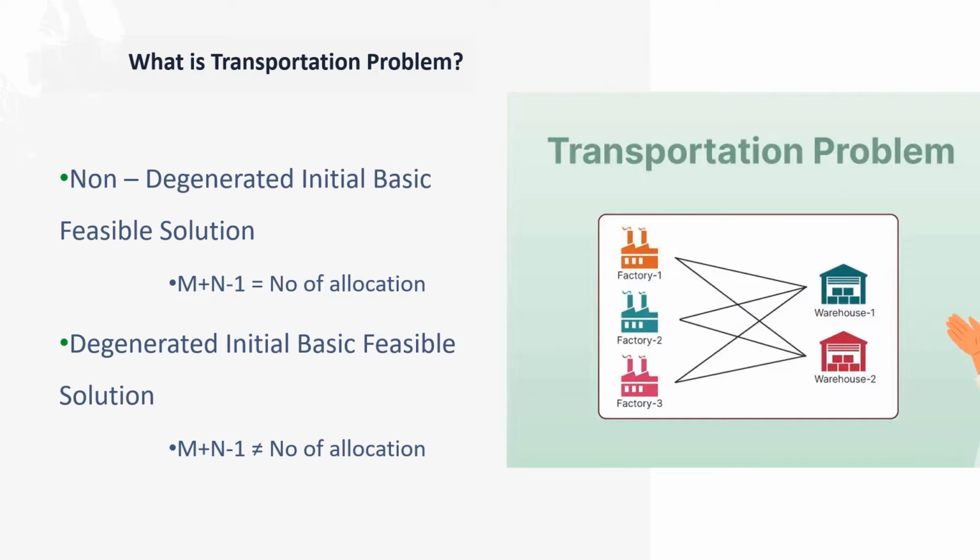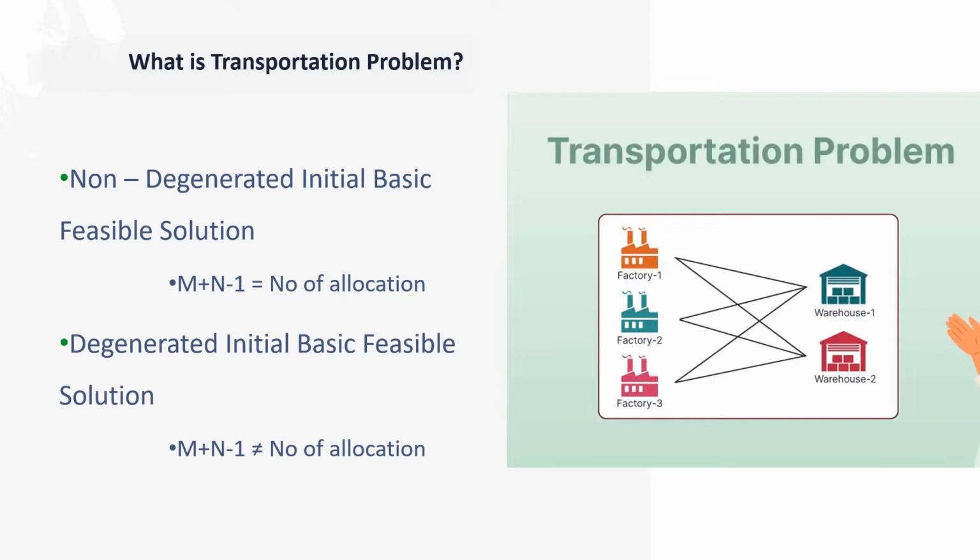In a transportation problem, the answer should always be non-degenerate. Let us look at what a non-degenerate initial basic feasible solution is. As I told you, m plus n minus 1 equals the number of allocations, which means that it is non-degenerate. In the previous slide, we looked at what m is: m is the source and n is the destination, or otherwise, m is the number of rows and n is the number of columns.